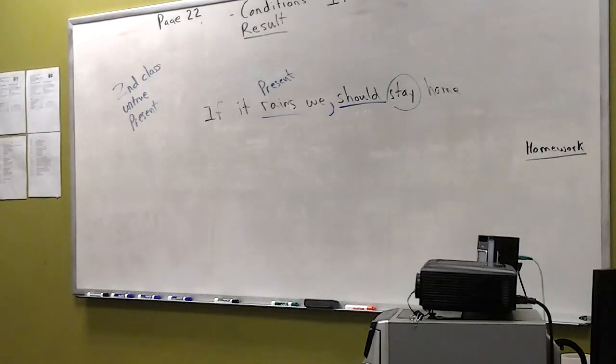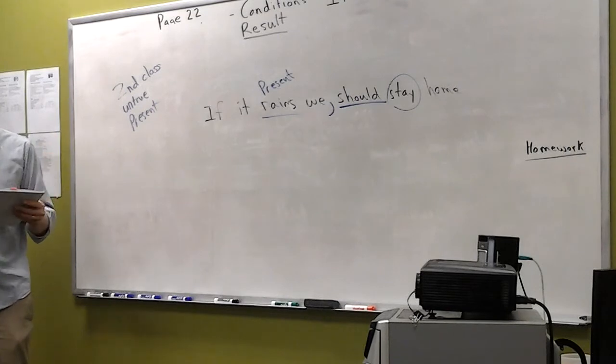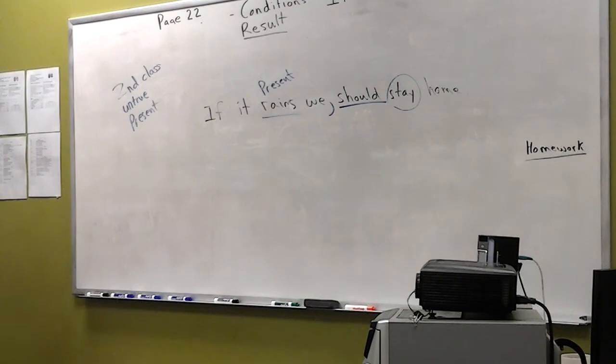All right, read the next one, Mohammed. Why he didn't use the preposition at home? If it rains, we should stay home. It's an understood prepositional phrase. It's acting like an adverb.